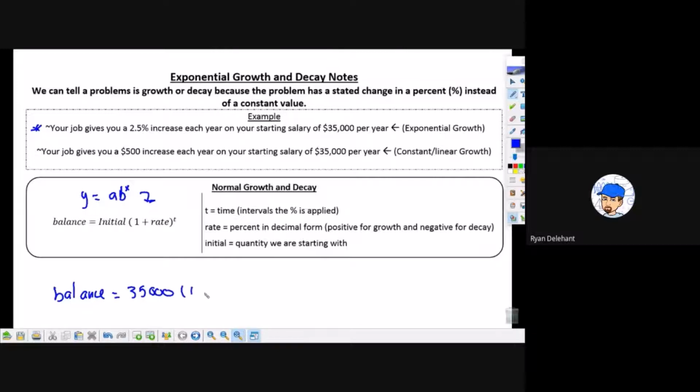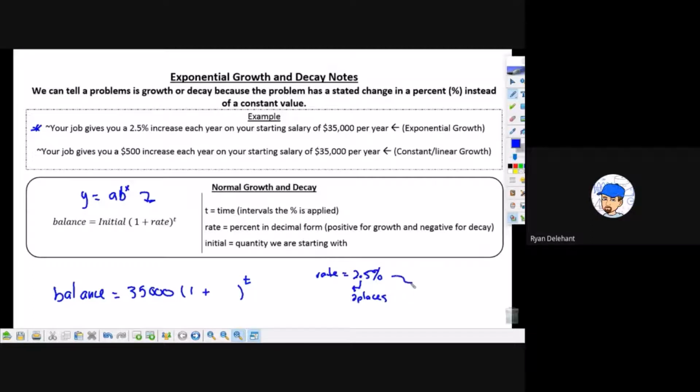And we're going to do our parentheses. The 1 doesn't change. The t stays in there because I'm getting a formula that will allow me to plug in t's and find out how much money I'd make at the end of that time frame. Now the rate is what we need to be careful with. The rate that we were given was 2.5%. Anytime we do math with a percentage, we need to take the decimal point and move it 2 places to the left.